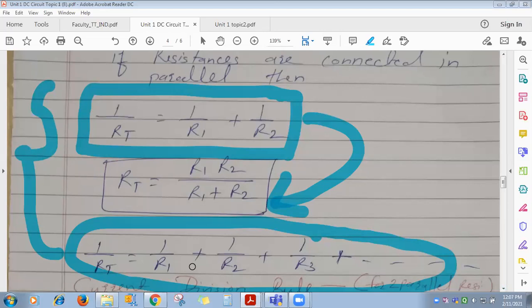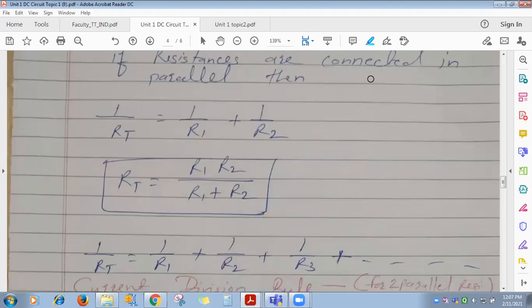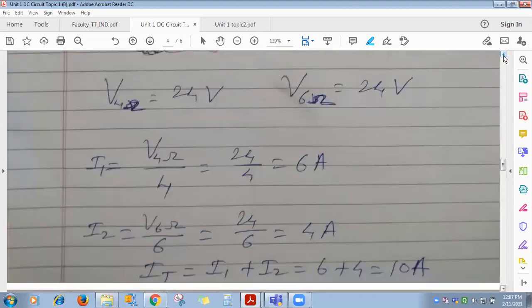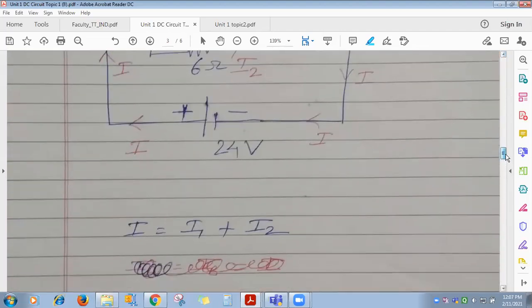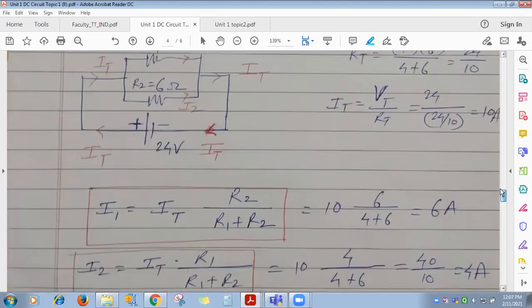Clear? Okay. Now, when the resistances are connected in series, which rule did we apply? Voltage division rule. Now here resistances are connected in parallel, so which rule can you apply? Current division rule. So what is the current division rule?